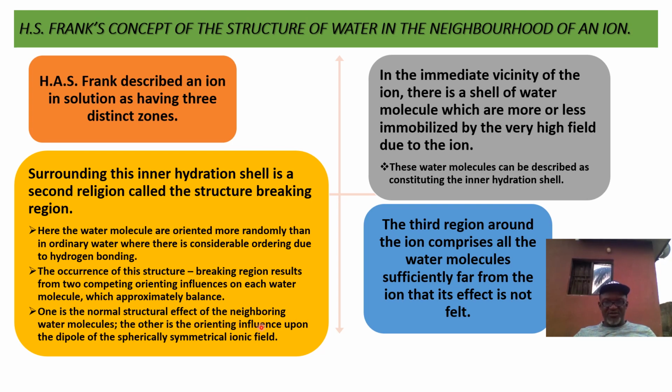The other is the orienting influence upon the dipole. So one is the normal structure effect, the other is the dipole, that is the ion. Now the third region around the ion comprises the water molecules sufficiently far from the ion that its effect is not felt.